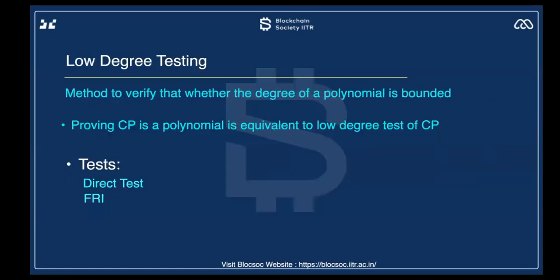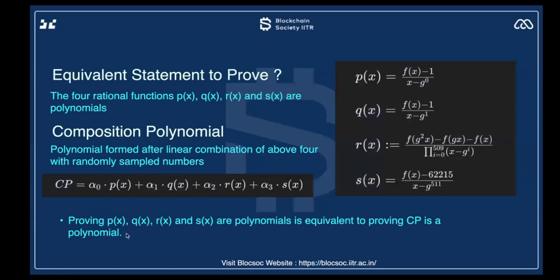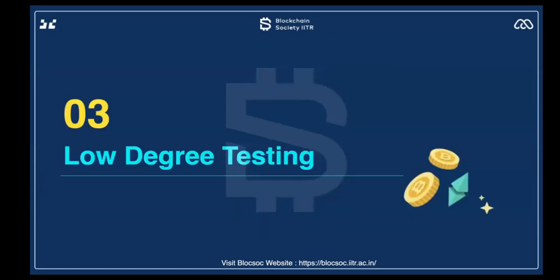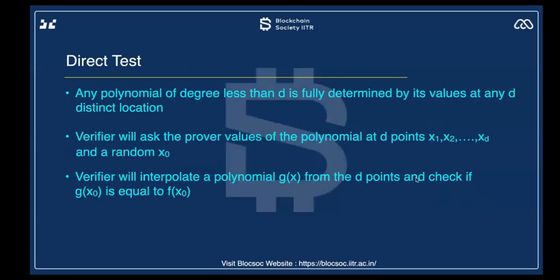As I told, the degree of cp is bounded by this fx. So the verifier can interpolate a polynomial gx from the output of the d points that the prover has provided him.